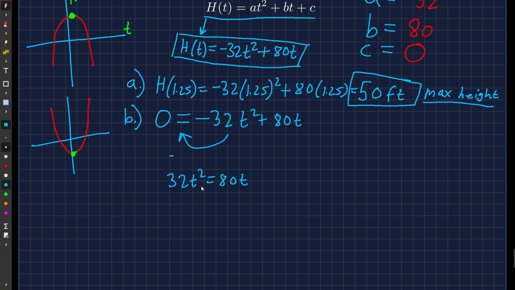Since we have a t on both sides, we can cancel this out, and that will get rid of the squared term on the left-hand side. Then we're left with 32t is equal to 80. Now if we divide this by 32, we find that t will equal 2.5. So therefore, the rocket will land at 2.5 seconds.